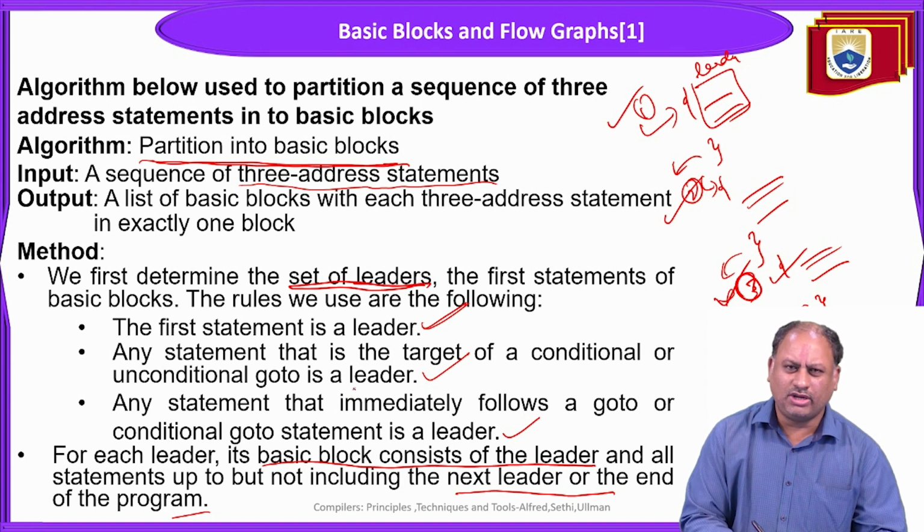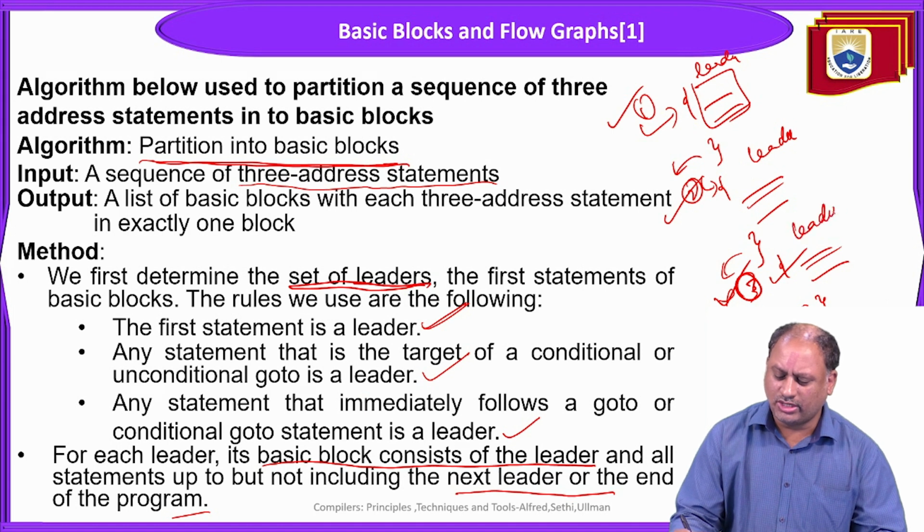If there is any other statement with a conditional or unconditional go to, you can consider it as a separate leader. Then process the list of statements, and whenever a further leader occurs, include it as one more leader. Like that you can keep on inserting several leaders.